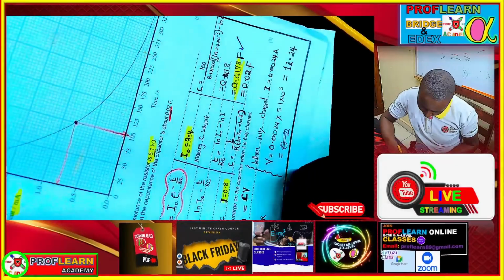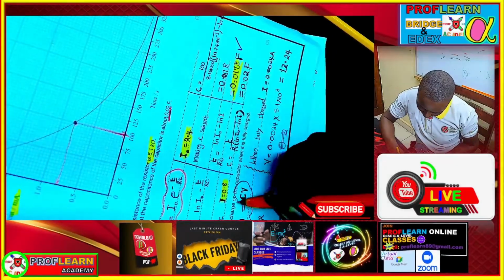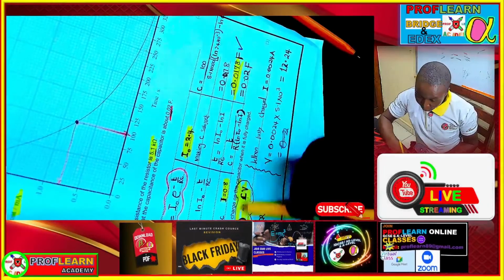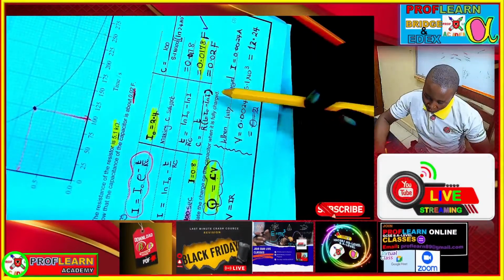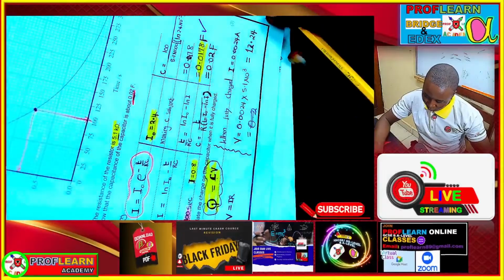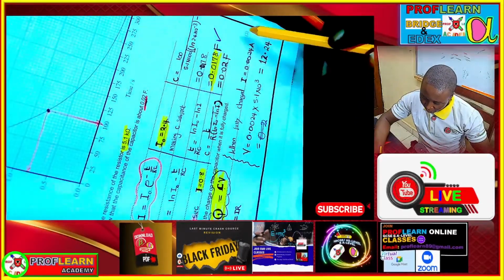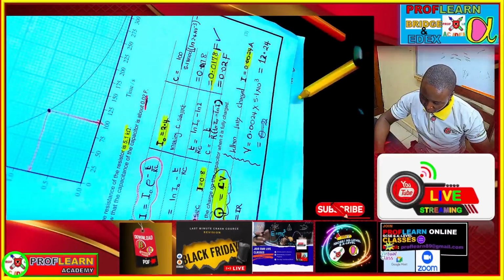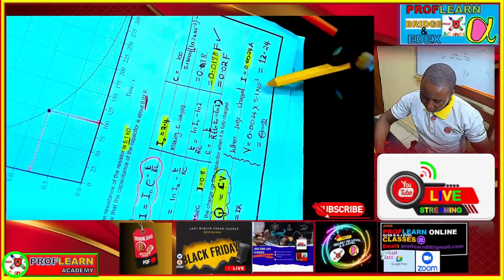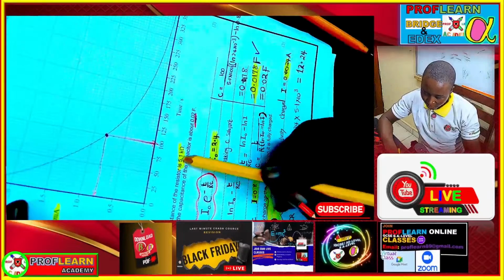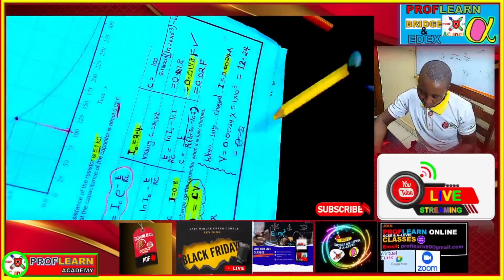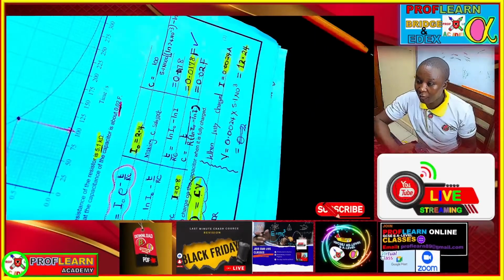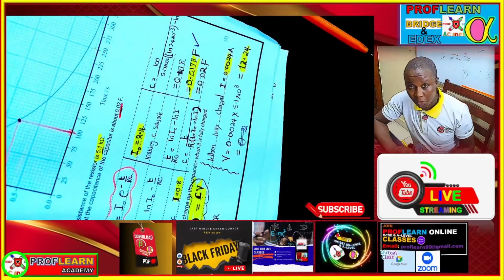The charge stored in the capacitor is going to be equal to capacitance times voltage. So when it's fully charged, what is the current? The current is this when it's fully charged, and the resistance is 5.1. Then we can work out the voltage when it's fully charged as 12.24 volts.